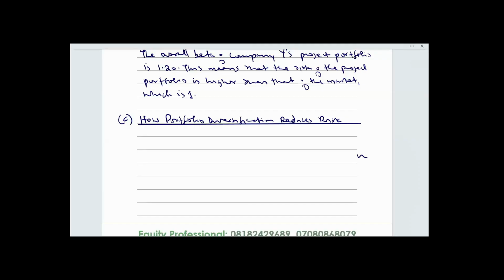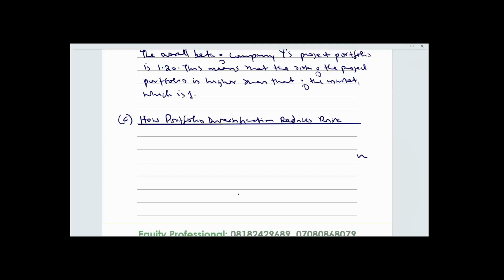To minimize portfolio risk, investors should invest in securities that are negatively correlated or securities with no correlation. Also, to achieve a well-diversified portfolio, investors should consider international diversification. That is putting your investment out of the shore of your domicile country.